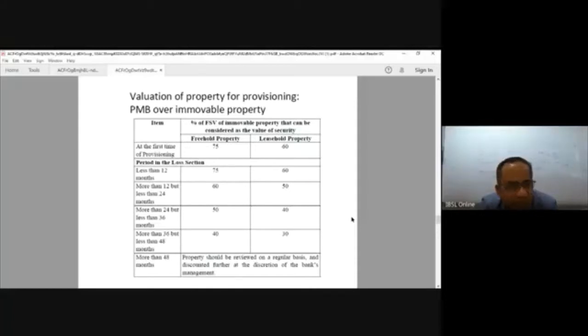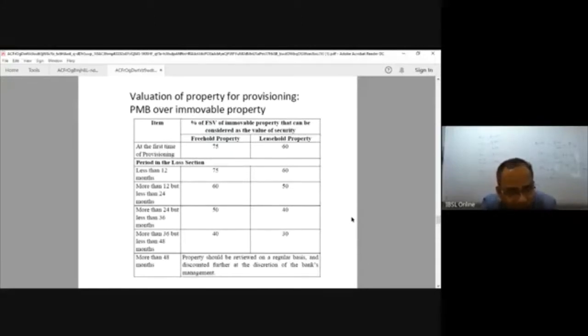For example, let us say we have given a 100 million loan, and we have a property mortgage of 100 million. Okay, so the forced sale value of the property is also, let us say, 100 million. That means while doing the provision, you will make a provision of only 25 million. It's a freehold property, so 75 million you can reduce from your provision amount, right?